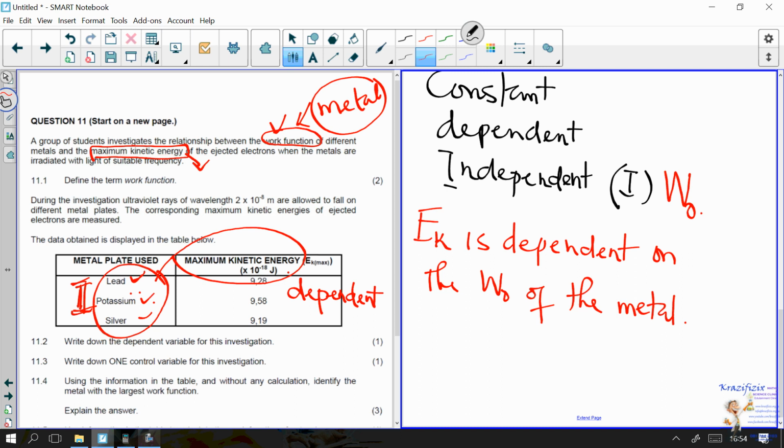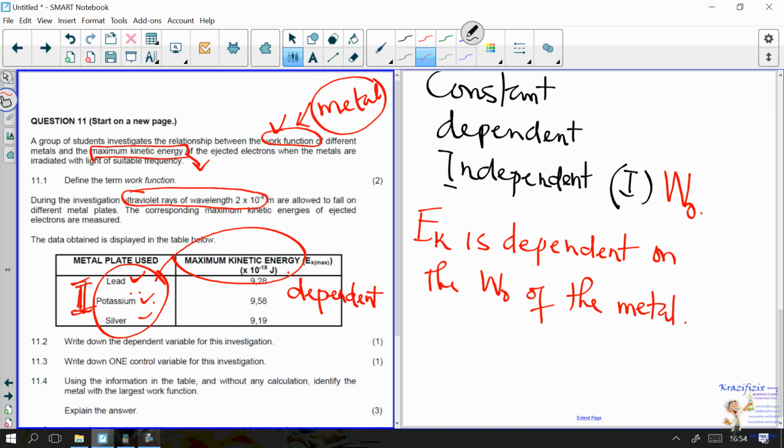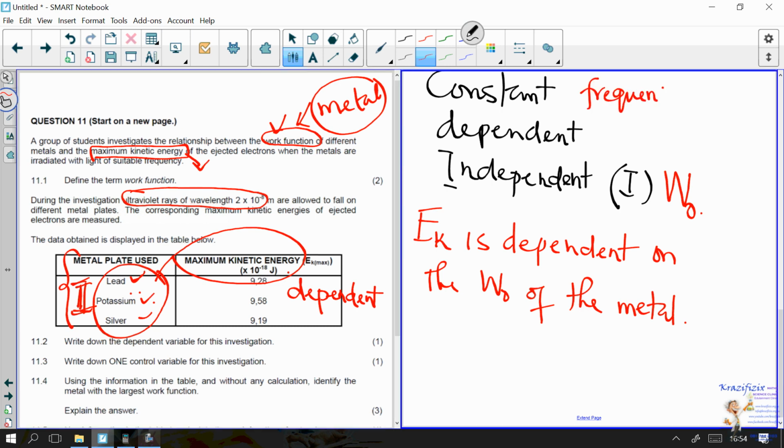And the question said, we used ultraviolet rays in all of these experiments, which means my control is frequency, or energy of photon. My dependent is kinetic energy. Already the question has been answered by us just explaining all of that.